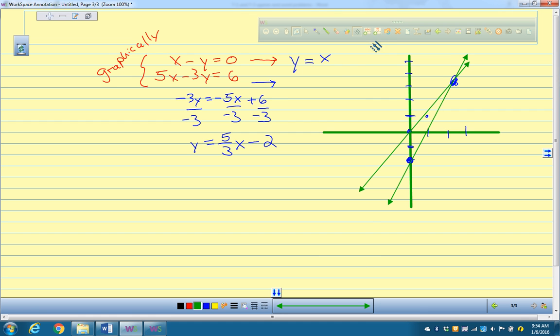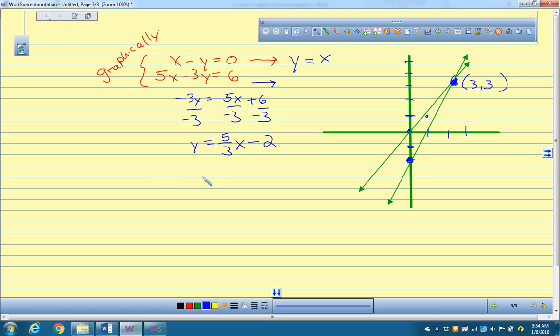If I graph this accurately, this would be the point 3, 3, which it kind of looks like it's about, right? It's hard without graph paper, and that's why graphing isn't always that accurate. But it does work with your graphing calculator really nicely.